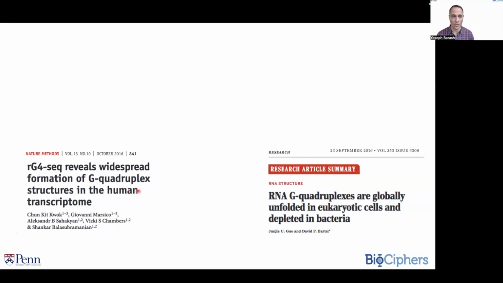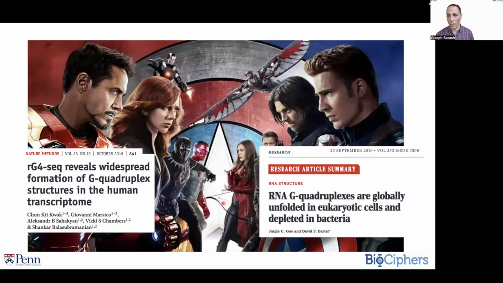So we have these very opposing views of RNA G-quadruplexes, which started what we now call the G-quad wars that raged on for several years and have been known to be affecting many PIs, research agendas, and grants.